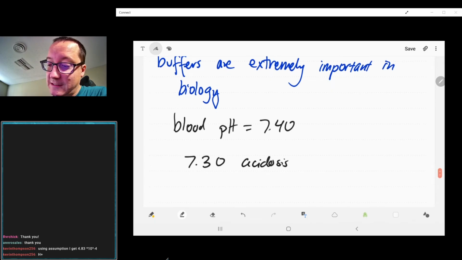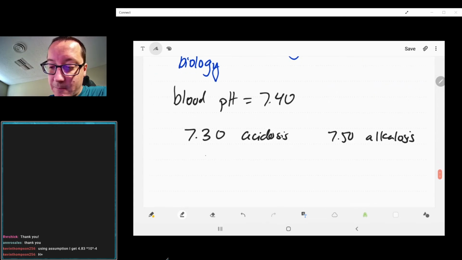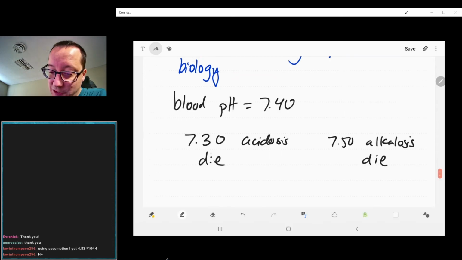If we are at 7.5, we are in alkalosis, and we die. Our blood pH must stay 7.4, otherwise we will die. Very bad things happen when your pH goes awry.